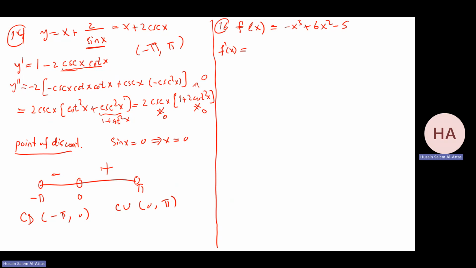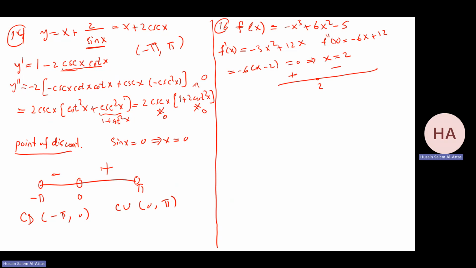Do the derivative. That will be minus 3x squared plus 12x. F double prime will be minus 6x plus 12, which is very clear. This will be minus 6x minus 2, which is equal to 0, implies x equals 2. The domain is all real numbers, so nothing to care about.